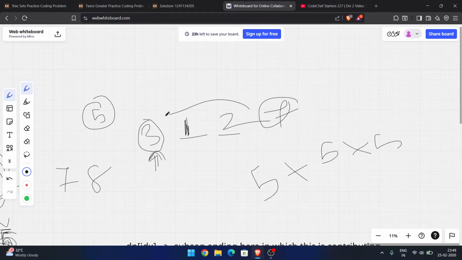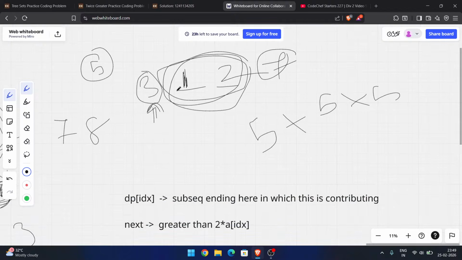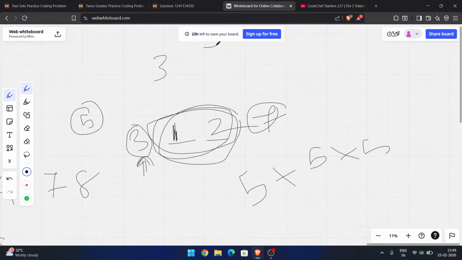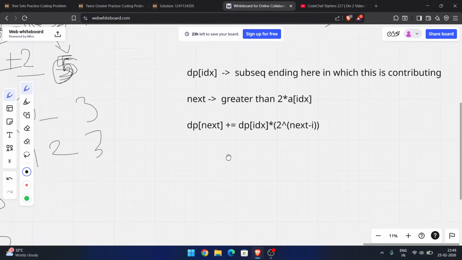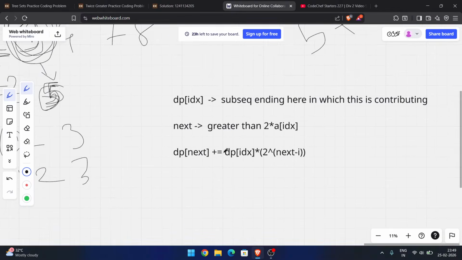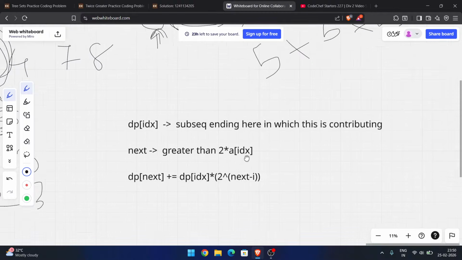So no matter what the ways to choose are, how many subsequences can I form in which 3 and 7 should be included? If there are x numbers in between, then the number of ways is 2 to the power x subsequences. So what we are doing is simply adding this to dp of index.